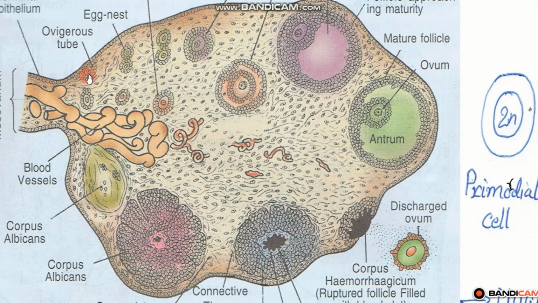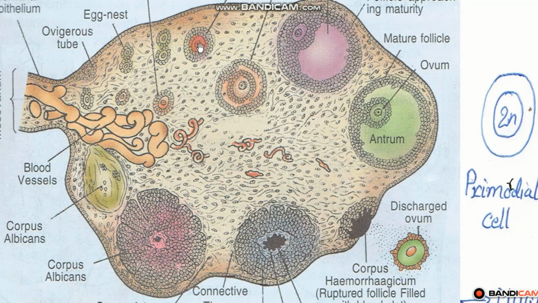This germinal epithelial cell will form more cells, and then it will develop and that cell will be covered with many cells. This cell is known as the primary oocyte. These cells covered with many cells, this structure is known as the oocyte or primary oocyte.